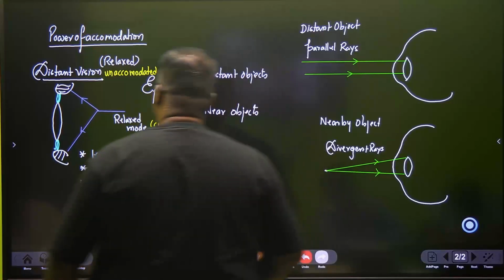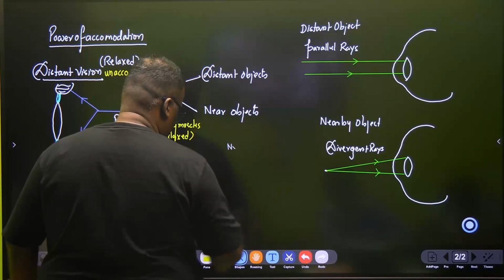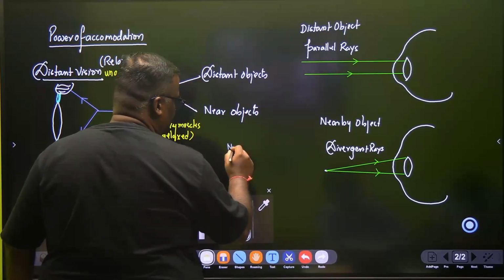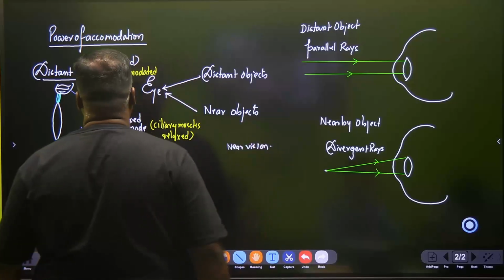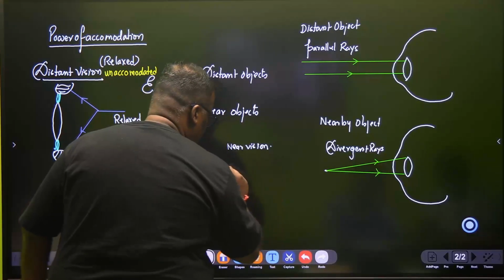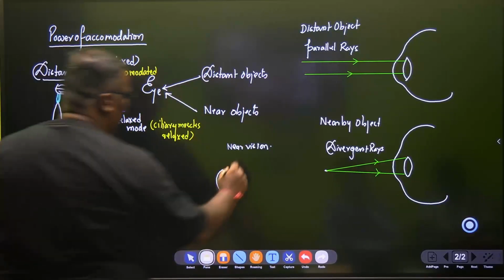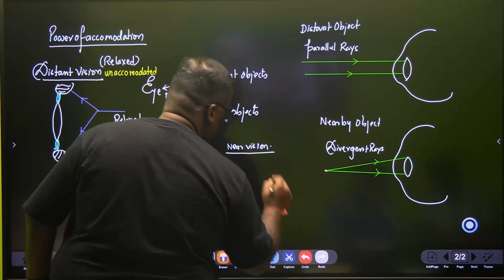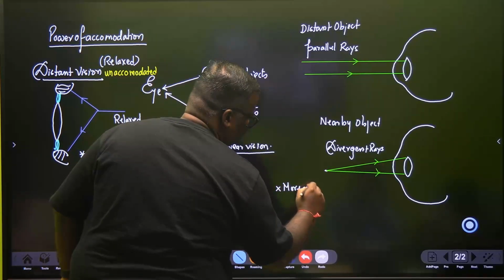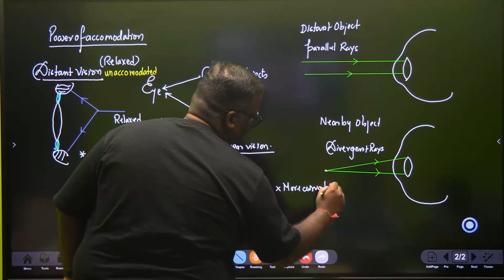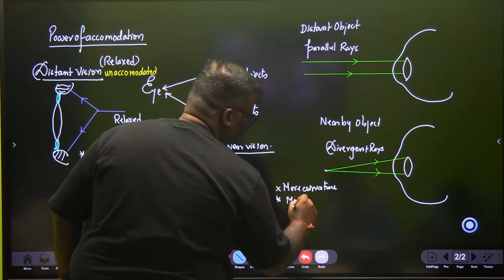So let's see the other one, in which we have near vision. When you are in near vision, your lens is actually bulged out. So the parameters that we will be writing now are more curvature, then more convergence.